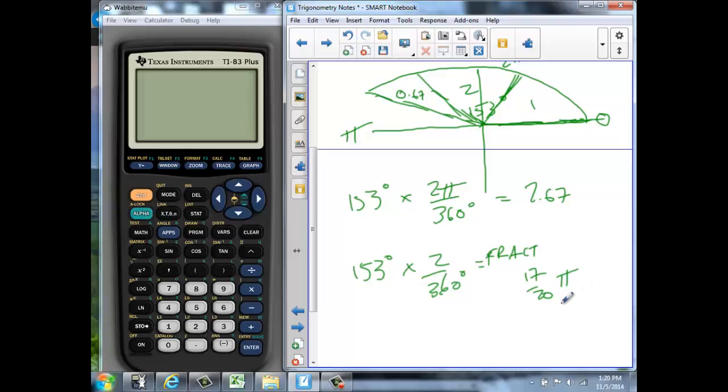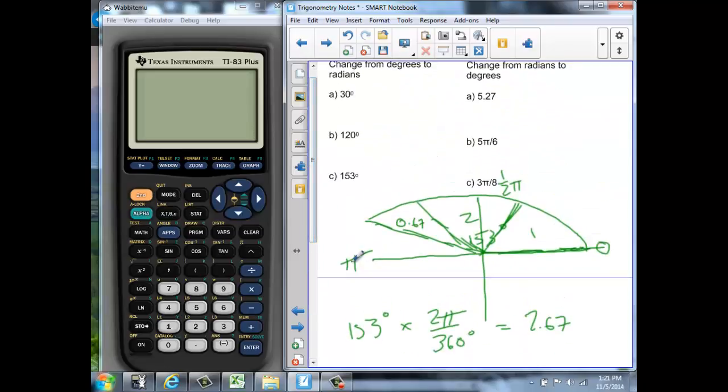Could you just get that 2.67 and divide it by pi? Sure, but why times by pi in the first place then? Good point. You're right, though. You could. What this means then is that if this is 20 over 20 pi, this right here is 17/20ths of the way there.